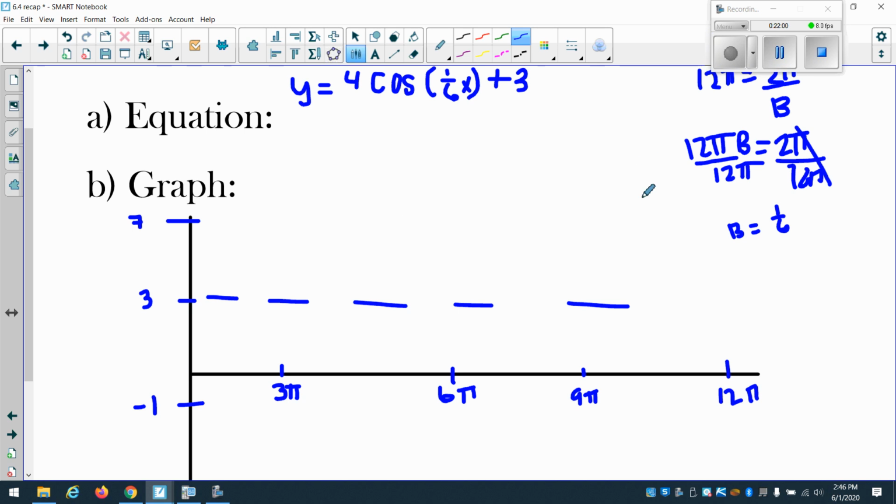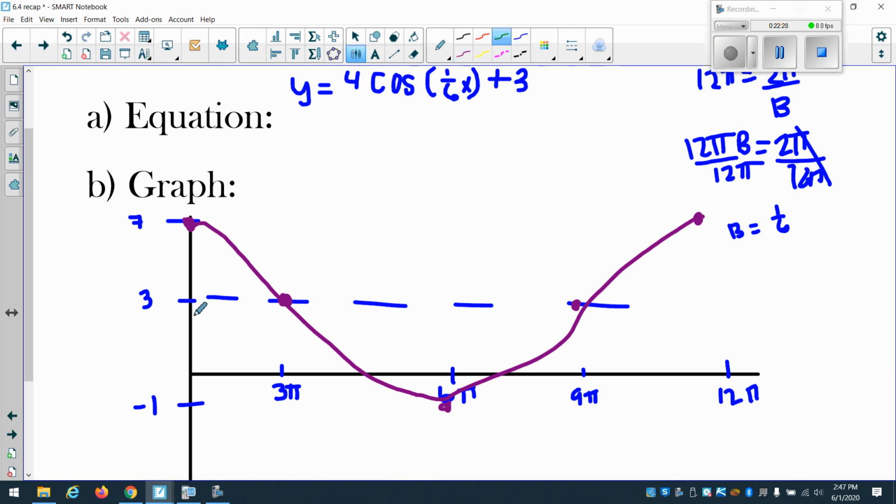Sorry about the little person in the back. So now cosine starts at the maximum. So you have 7, then the midline, minimum, midline, back to the maximum. So if you decided to do a cosine graph, that would be the equation. If you did the sine graph, you're just replacing cosine with sine.